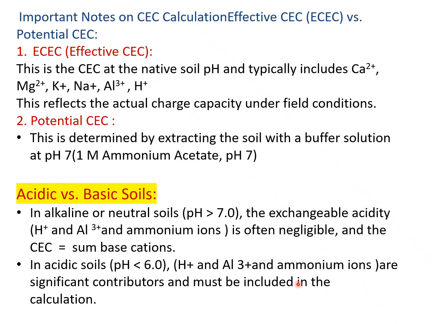Therefore, they must be included in the calculation. So, if the soil is naturally alkaline or neutral, then we can go with potential CEC. But if the soil is naturally acidic, with an ambient pH of less than 6, then we should calculate effective CEC.